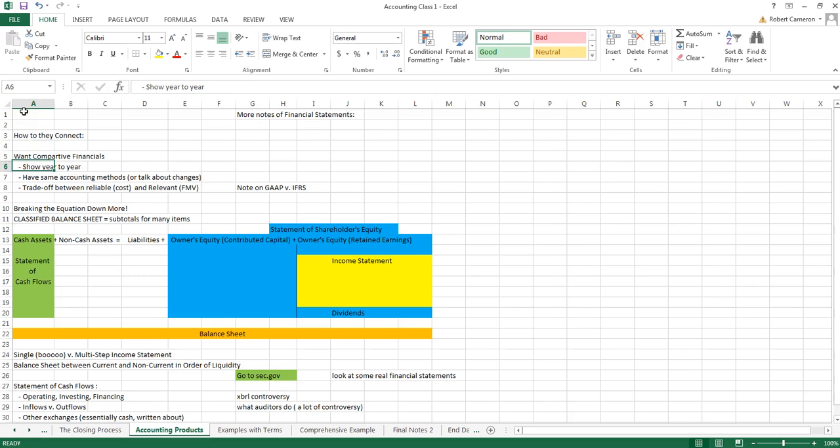So again, I said show year to year. That's like the minimum. You have to show it at least year to year, but companies can do more. We're doing this for useful information, which means these have certain qualities. The first quality is you want them to be comparative.